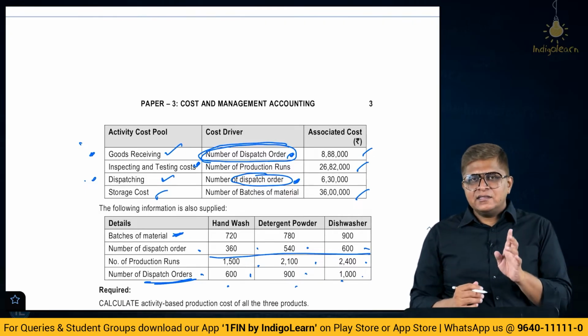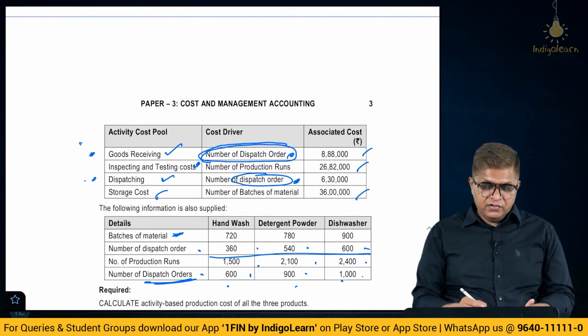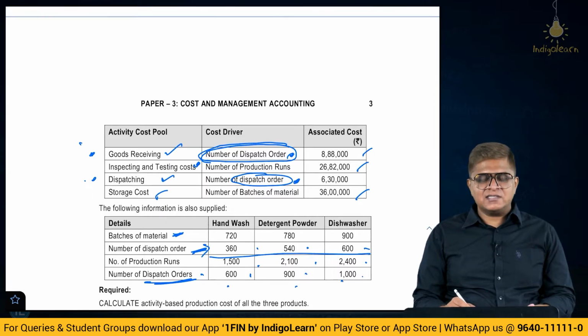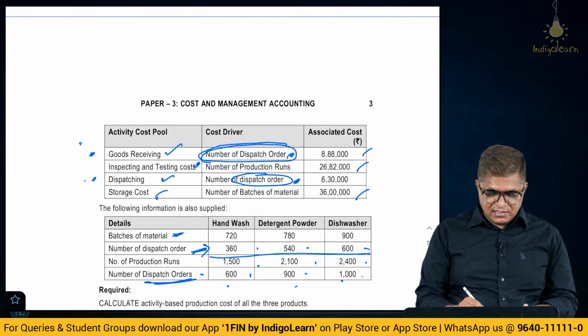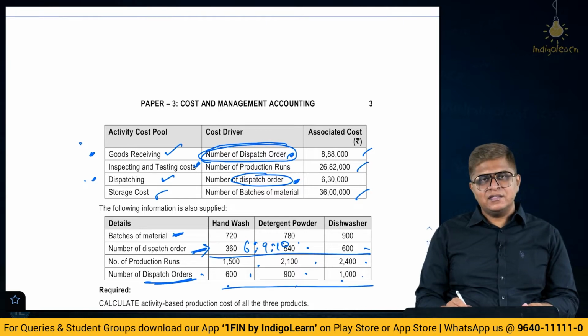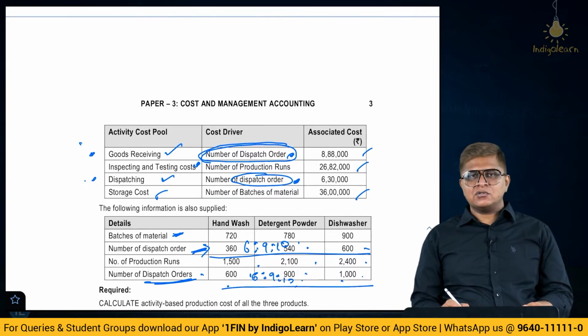But luckily in this question, if you observe, one good thing has happened. Now if I take this first line item, they are saying the number is 360, 540 and 600. If I strictly take the proportion, it will be 6:9:10. Alright. Likewise, if I take the proportion of the second number of dispatches given, that also will be in the proportion of 6:9:10.